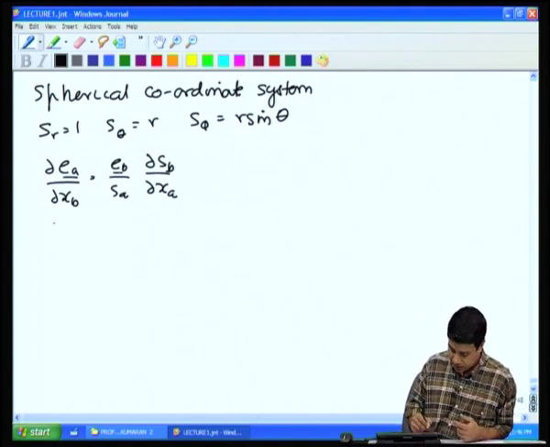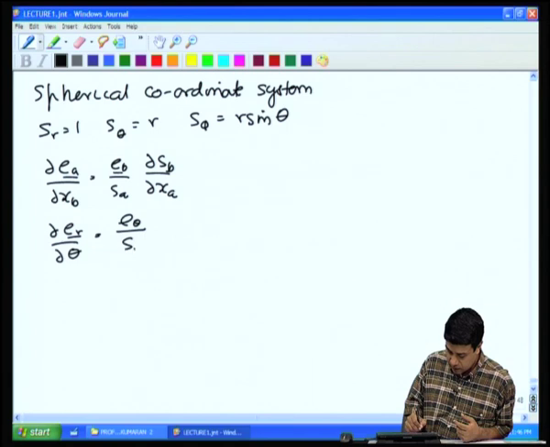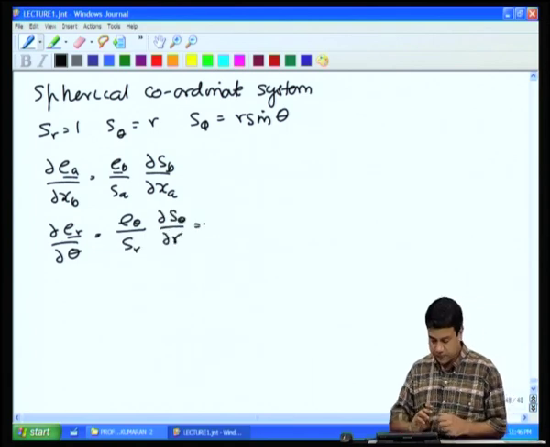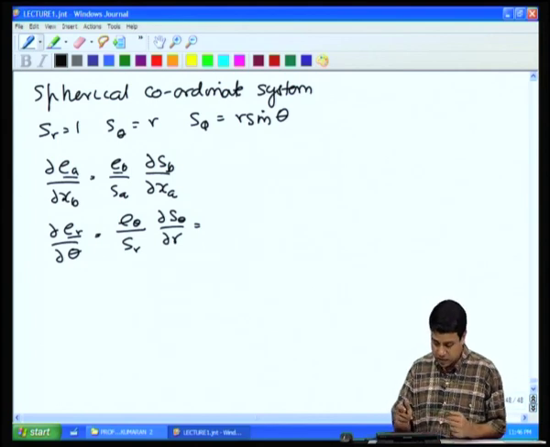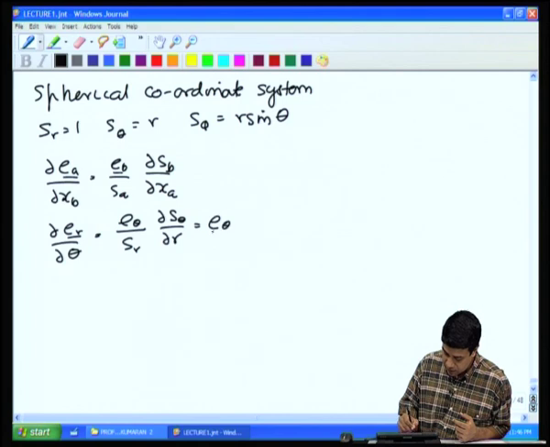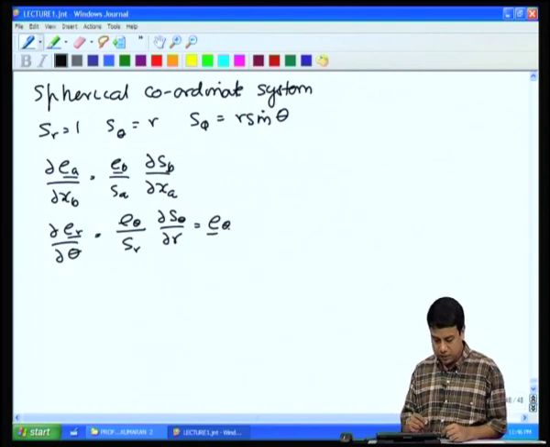For example, partial E R by partial theta is equal to E theta by S R partial S theta by partial R. Okay. And partial S theta by partial R is just 1, because S theta is equal to R and S R is 1. So, this just becomes equal to E theta. Okay.